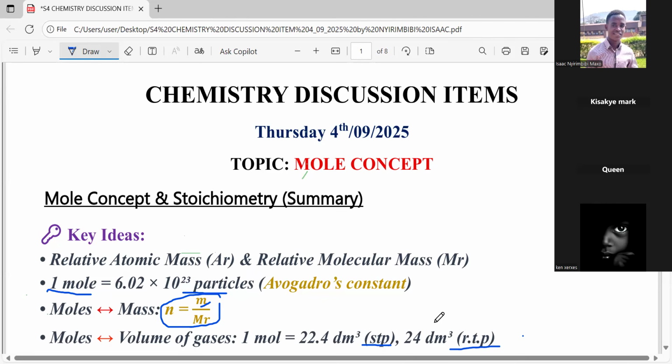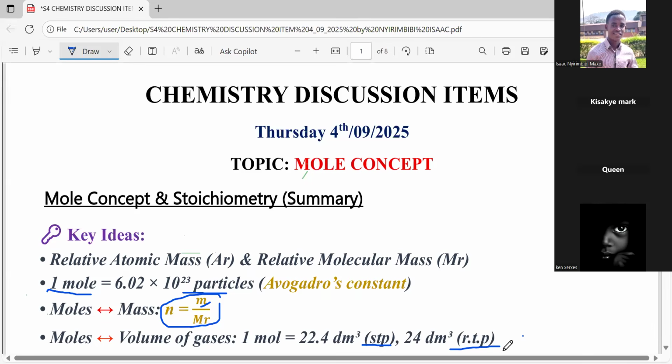But basically, we said 1 mole of a gas occupies 22.4 decimeter cubed at STP, and then 24 decimeter cubed at RTP. RTP is the room temperature and pressure, while STP is the standard temperature and pressure. Those are the key value units that we normally use when relating moles to volume of a gas.